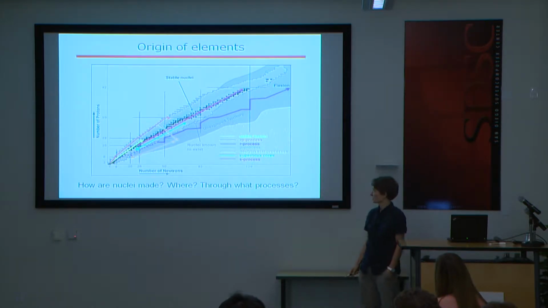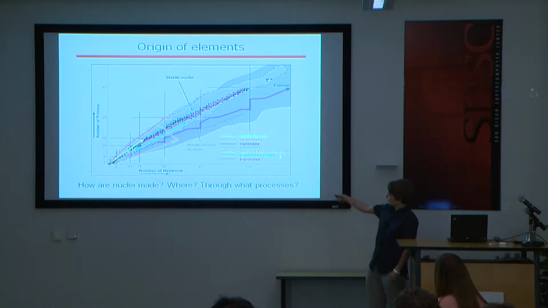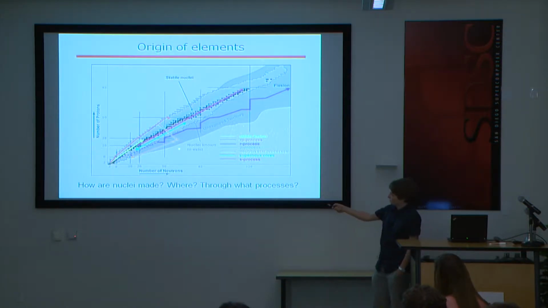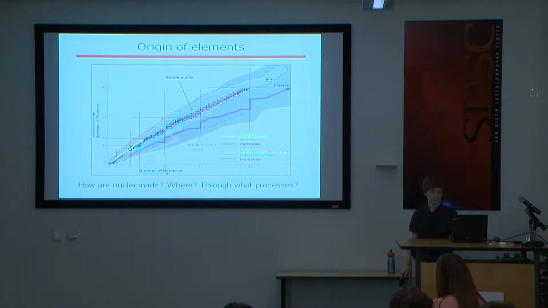With all the processes combined, we cover a large part of this nuclear chart, which means if we want to understand how these nuclei are made and where they're made, we also need to know through what nuclear reactions. The short answer up front is we need to know about all of this nuclear physics if we want to simulate the nucleosynthesis.